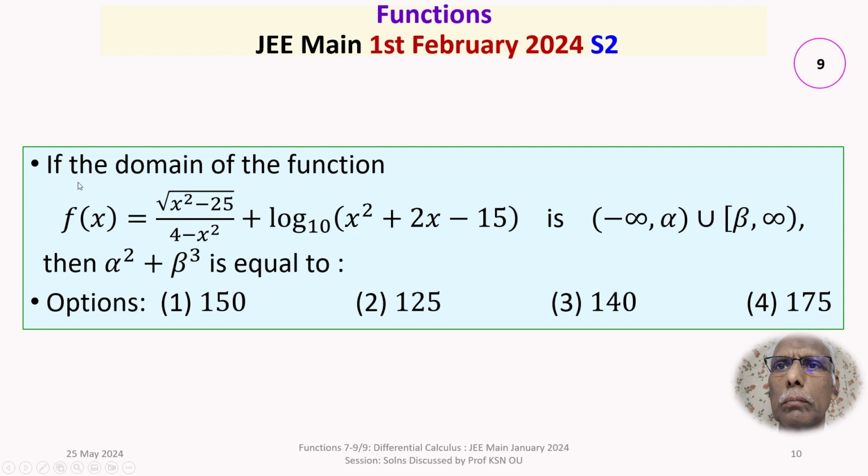So we have to find the domain of this function. That domain will be of this form: minus infinity to alpha open interval union beta to infinity, the semi-closed interval closed at beta end. Then you will obtain alpha and beta and compute alpha square plus beta cube, and we are given 4 options. It's also a simple question.